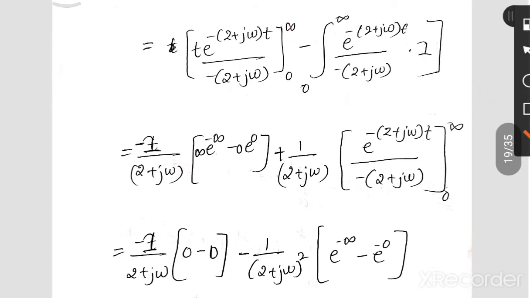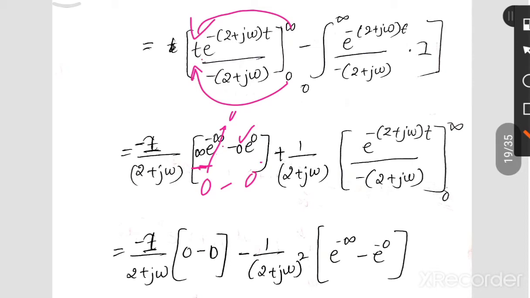When you are substituting infinity here in the place of t, it will be infinity into e raised to minus infinity. Okay, and then minus lower limit, in t place we have to substitute 0 into e raised to 0. E raised to minus infinity is 0. When you are multiplying 0 with infinity it is again a 0. So this term will be 0. Minus 0 into anything will be again a 0. So it is also 0.